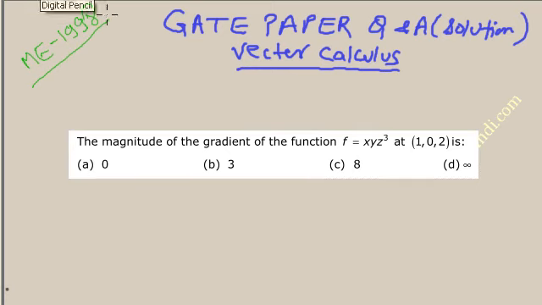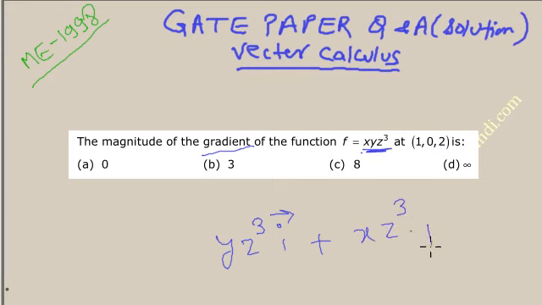This is another question. The magnitude of the gradient of this function. So grad f is, for i, you differentiate with respect to x. What will you get? y z cube i, plus differentiate with respect to y, you will get x z cube j, plus differentiate with respect to z, you will get 3x y z square k.